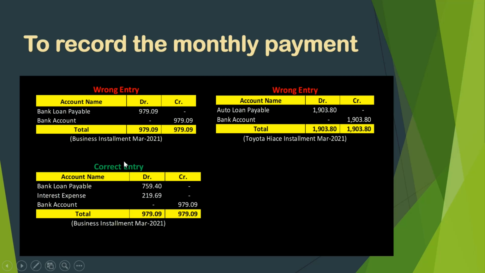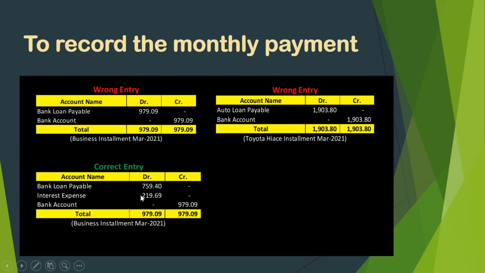As I have explained, in the loan amortization schedule, you see that in each installment there are two amounts. One is the principal payable amount. In this 979, the principal amount we are paying in the month of March 2021 is 759.40, and the interest expense is 219.69.